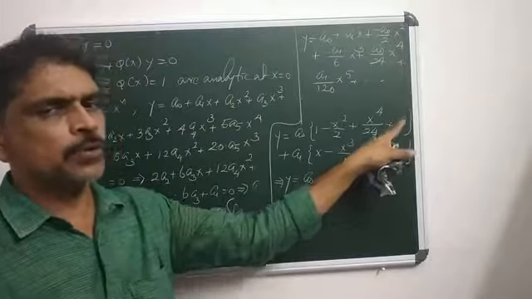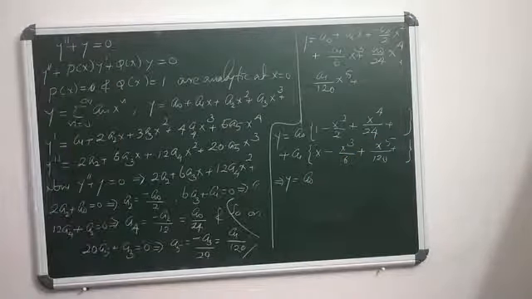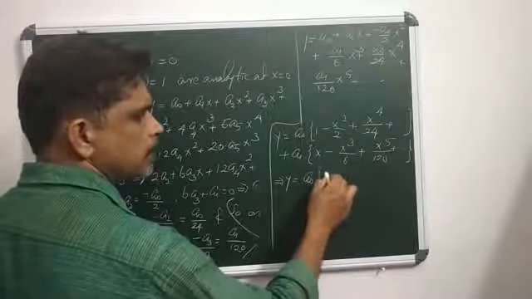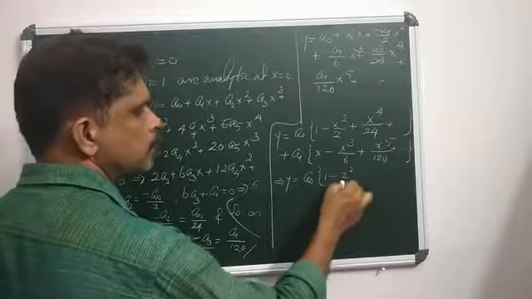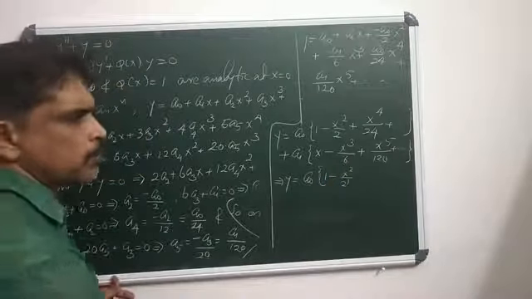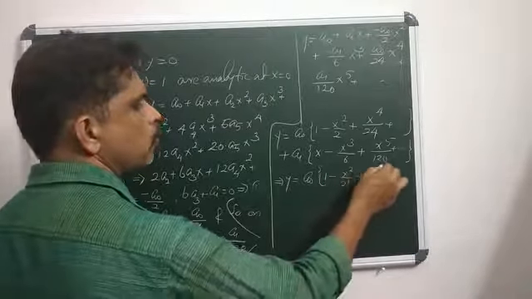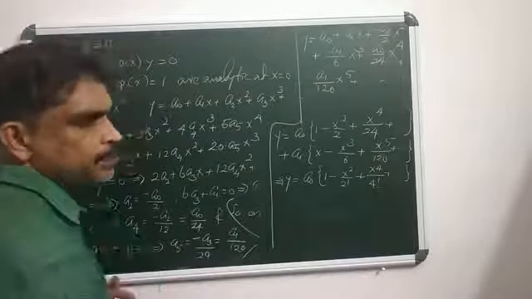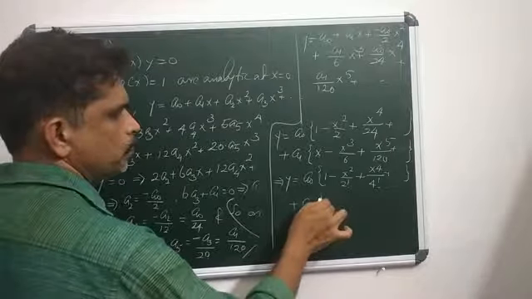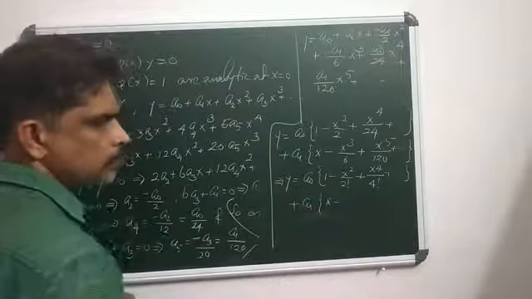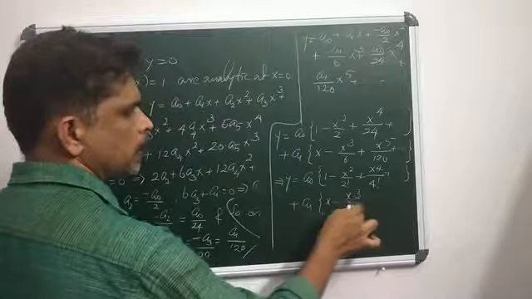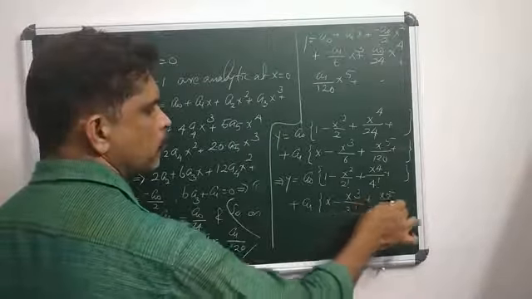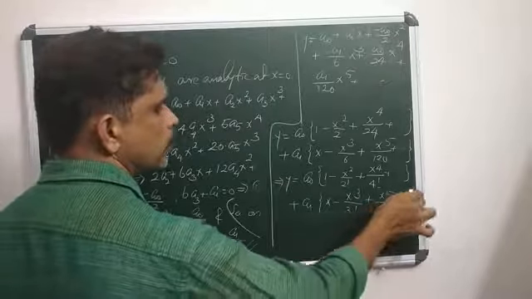The next term is x power 6 by 6 factorial plus etc. It is rearranged as 1 minus x square by 2, where 2 means 2 factorial, plus x power 4 by 24, where 24 means 4 factorial, plus etc. Plus a1 into x minus x cube by 6, which is 3 factorial, plus x power 5 by 120, which is 5 factorial, plus etc.